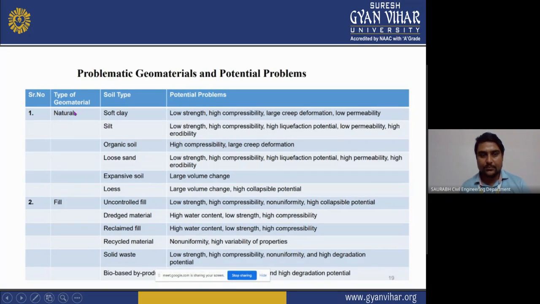The soil may be natural soil, soft clay, silt, organic soil, loose sand, or expansive soil. In these soils there are different qualities that create some potential problems: some have low strength, some have high compressibility, and some have high liquefaction potential. So this soil can be improved by the methods of ground improvement.